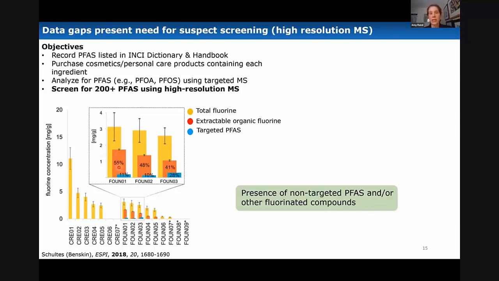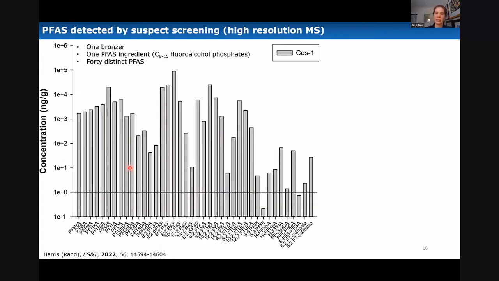And I think most interestingly from this inlay, there was a large percentage of extractable organic fluorine, which hints at the presence of other fluorinated substances that have not been included in the target analysis. So we aim to fill this gap using suspect screening. So we sent a subset of samples to apply this screening method.